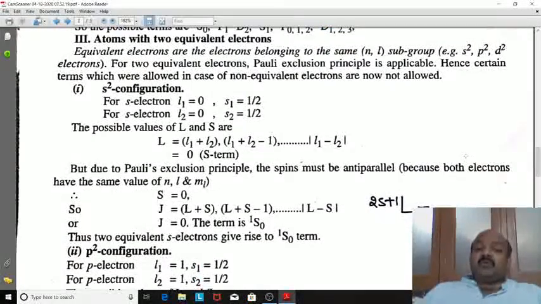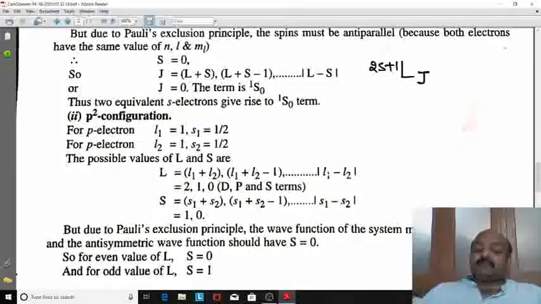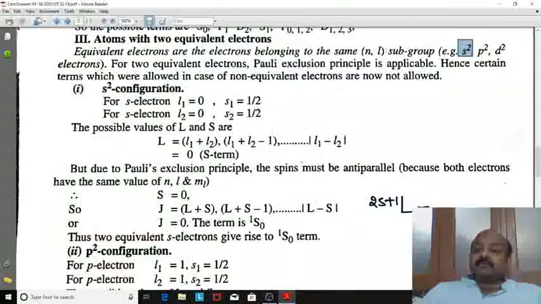Now we consider two equivalent electrons, like when they are in the same orbital: S2, P2, D2, with the same n and l subgroups. For such electrons, the Pauli exclusion principle is applicable.